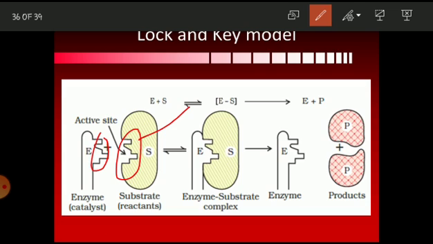So substrates also have active sites on the surface. So the substrate fits into the enzyme.